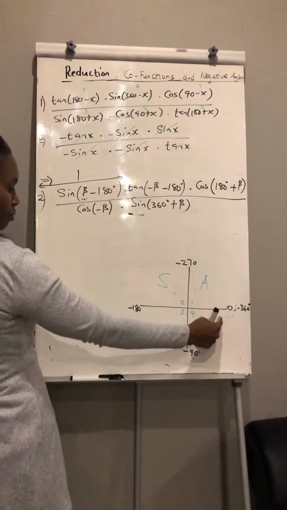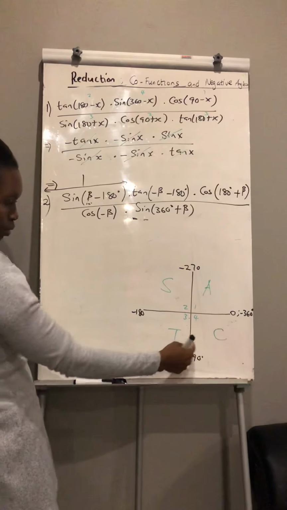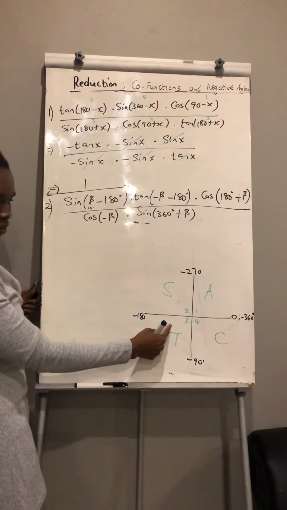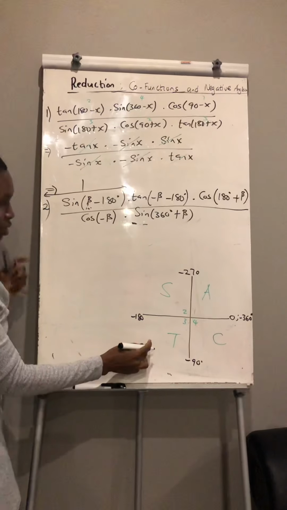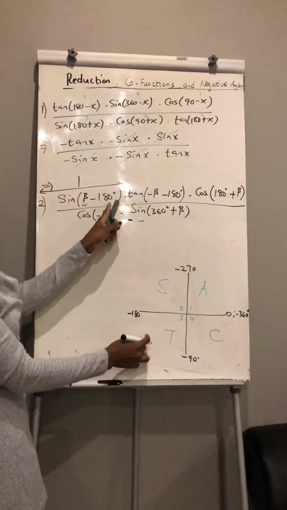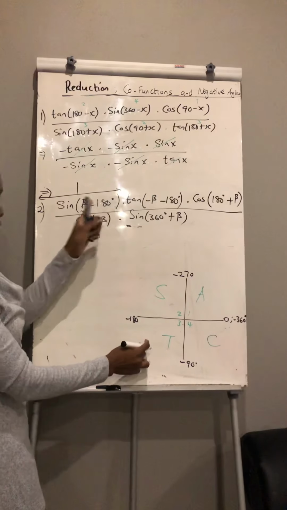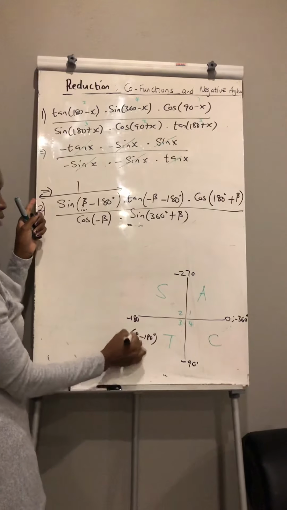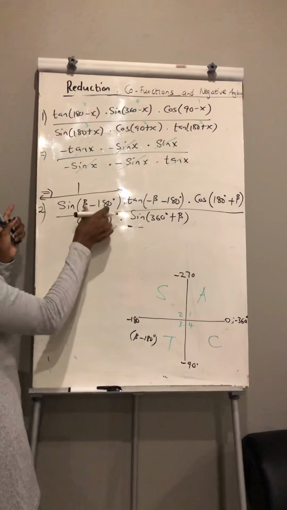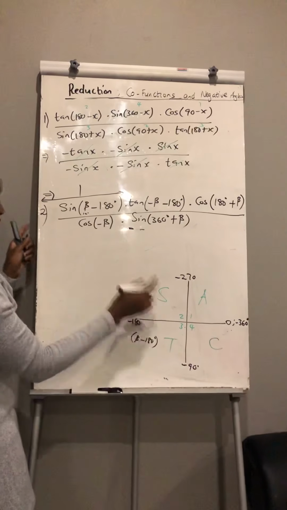So minus 170 will be here in the third quadrant. So beta minus 180 is an angle in the third quadrant. So since it's in the third quadrant, sine is negative.